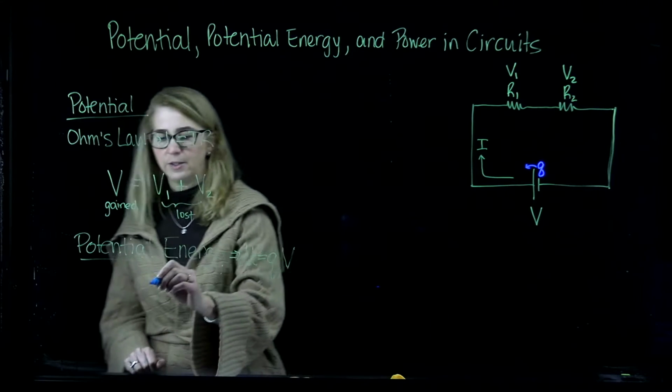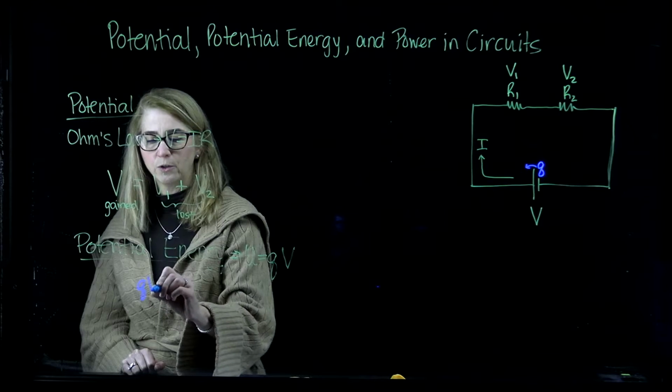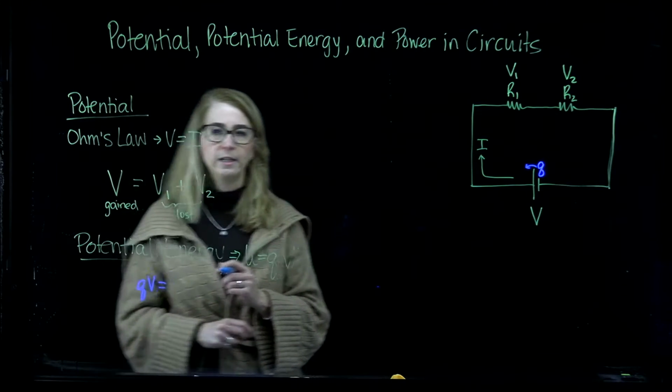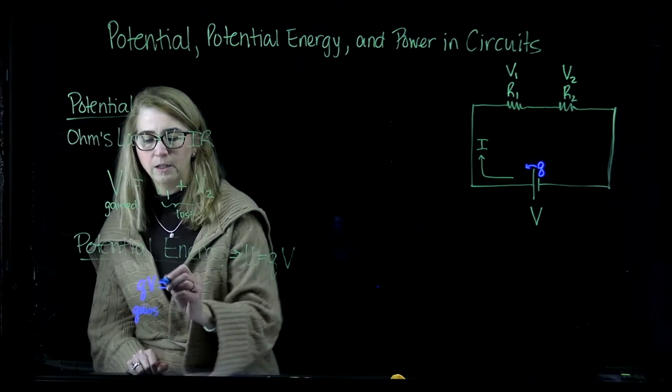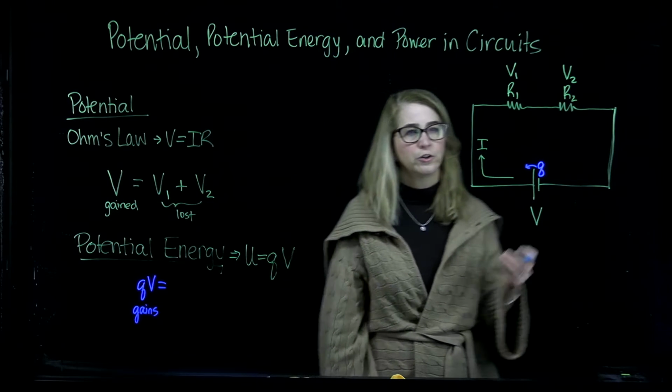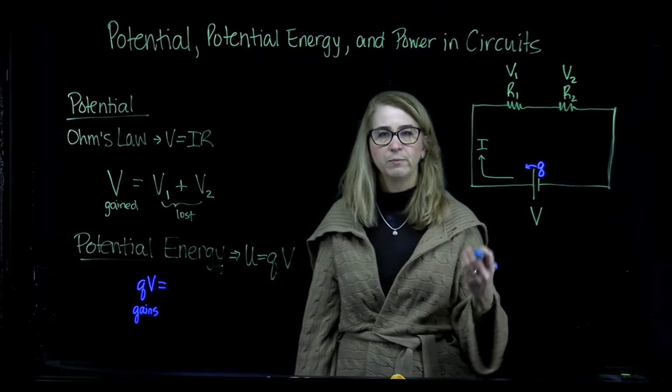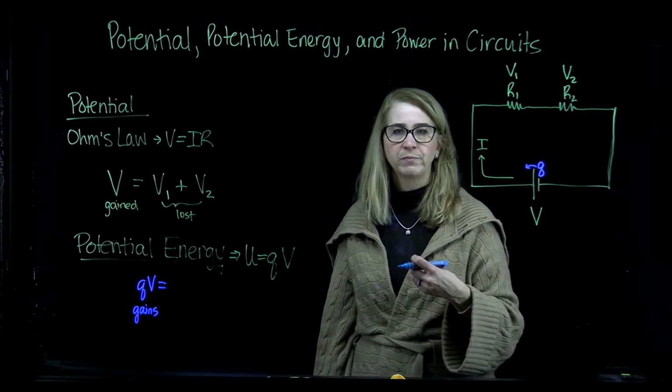As that little bit of charge goes through the battery, it gains a potential energy equal to the amount of that charge times the potential difference. So it got that potential energy.